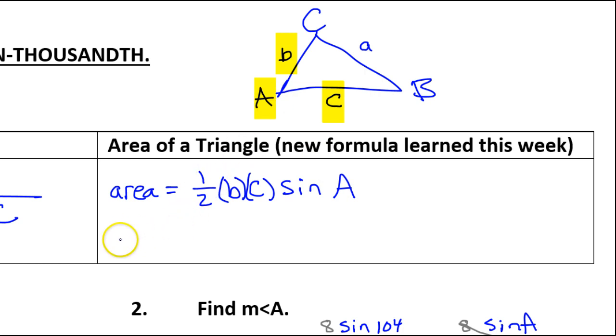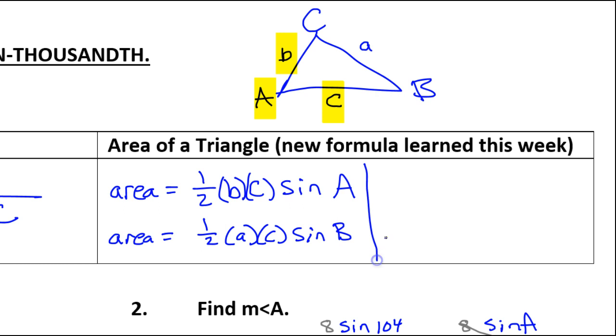I could just as easily have used sides A and C. So I could have said 1/2 side A times side C, and then B would be the included angle.